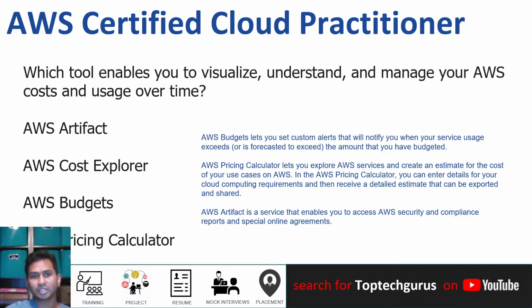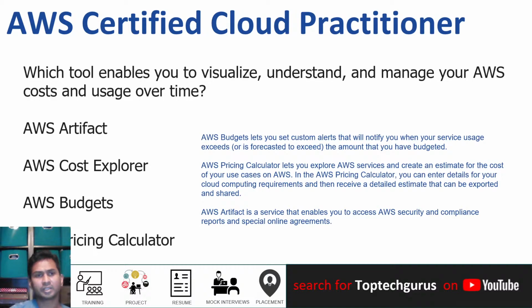Say you want to build a new application and you need 5 EC2 instances, a database, and other infrastructure. Then you can come up with what kind of pricing you would incur.